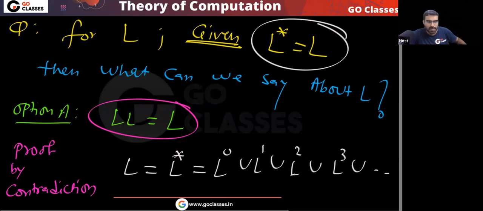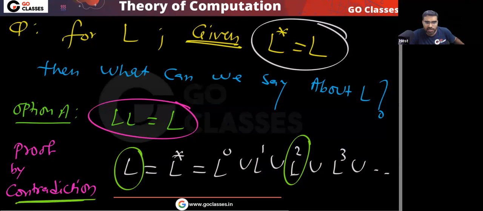If L and L square are different, then there is at least one string which belongs to one of them but not to the other.